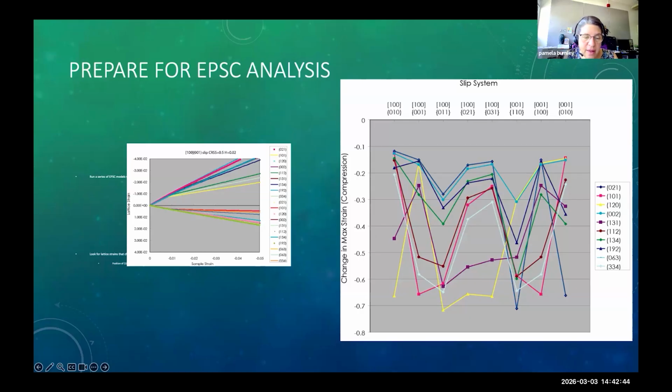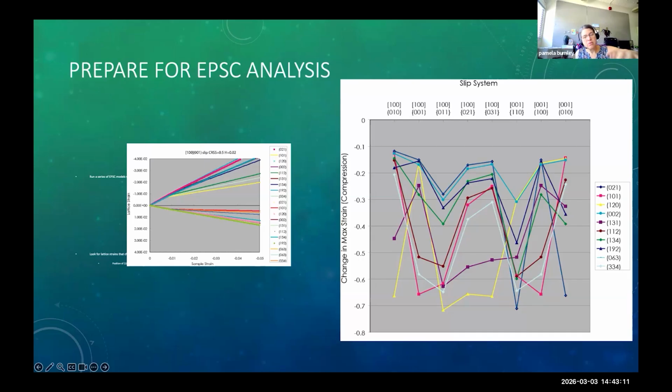Anyway, we have a bigger lattice strain for the 120 than we do for, let's say, the 101 or the 021, etc. And when we look at the 100 slip operating on the 001 plane, you can see the 120 is up here, whereas the 101 is down here.